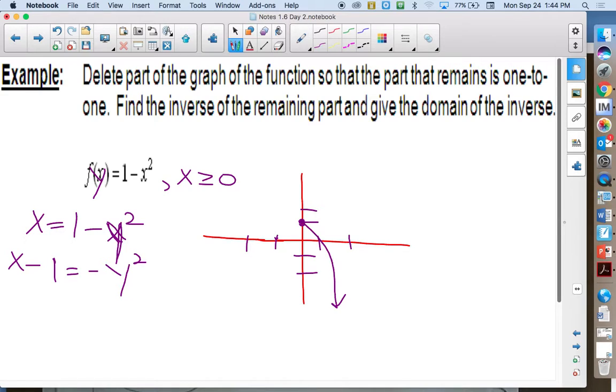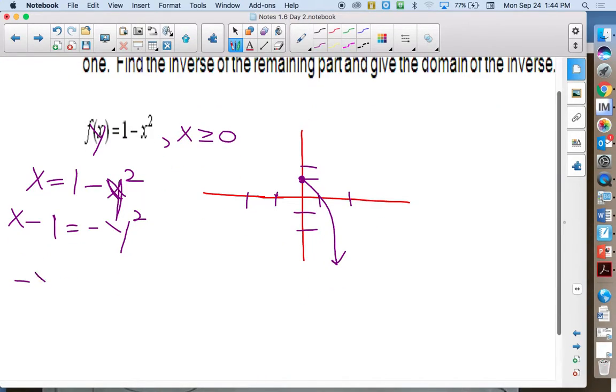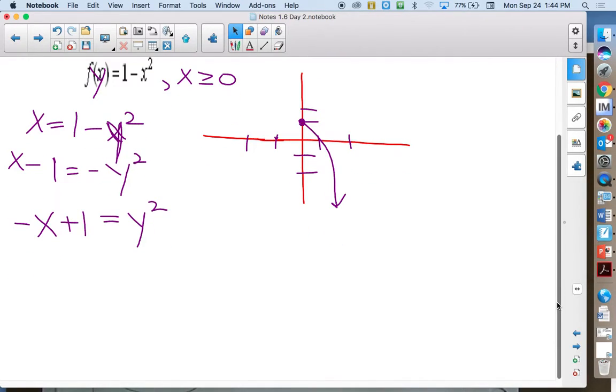That leaves us with negative y squared. Before you can take the square root, don't forget to get rid of that negative sign, because you can't take the square root of negative y squared. You've got to divide by a negative 1 first. And then Libby, to get rid of the square, we square root.